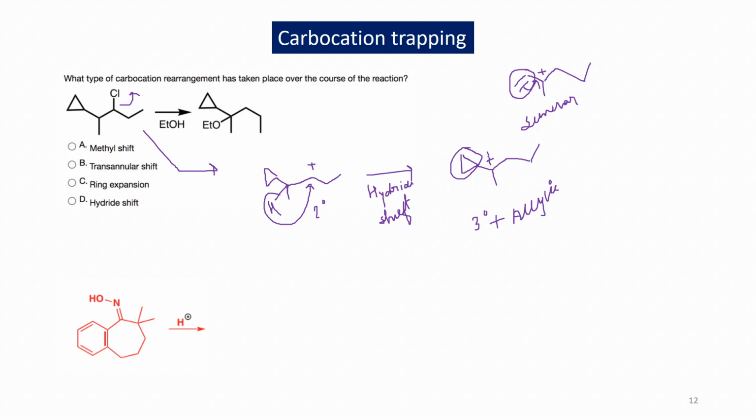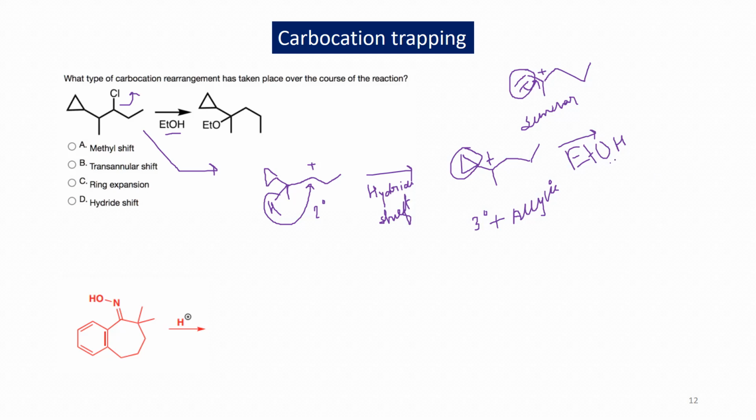There is allylic stability, and after that what will happen? Ethanol is given, so ethanol can act as a nucleophile. So now in our reaction, how can we know that the reaction is not going through this electrophile but that electrophile?